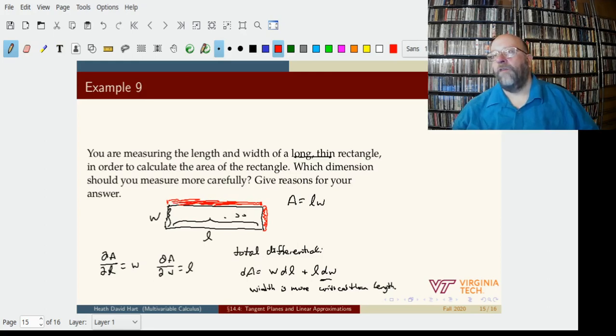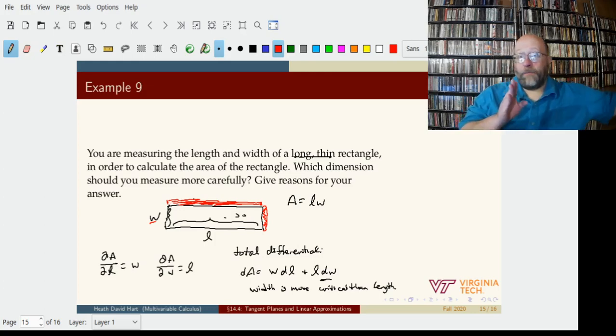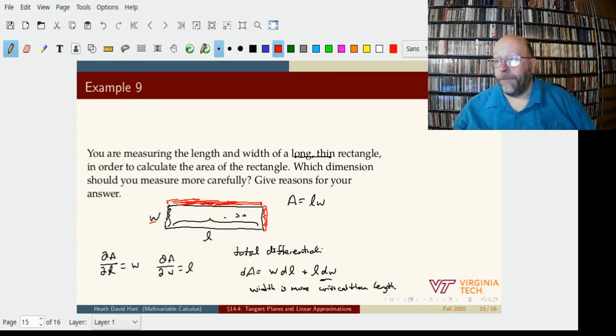Visually, I can see that miscalculating the width by a certain amount will add a lot more area than miscalculating the length by that same amount. So if I want to calculate the area, I want to make sure I have this value very accurately measured, because a small change in that gets multiplied all the way throughout by L. Okay?